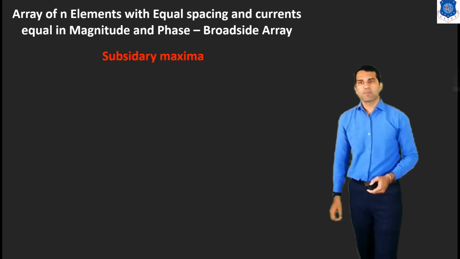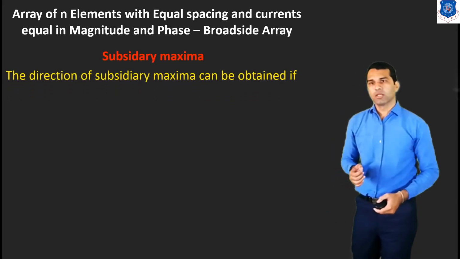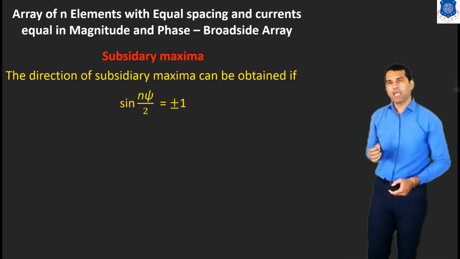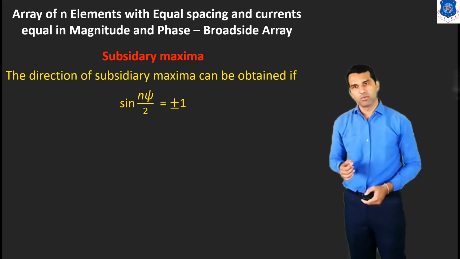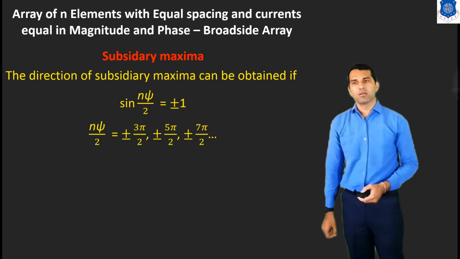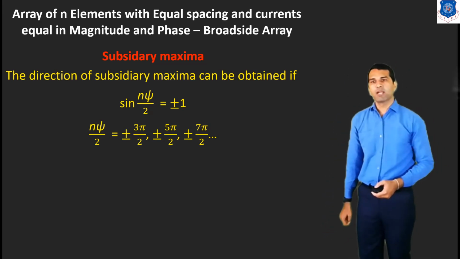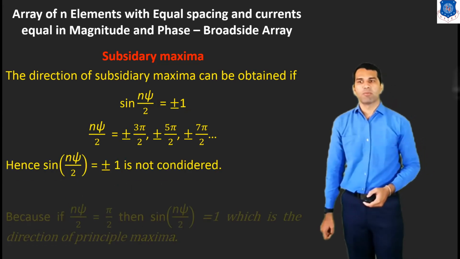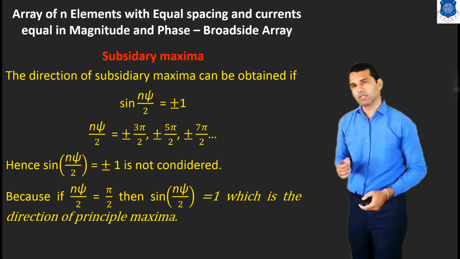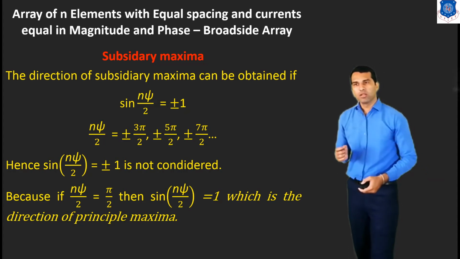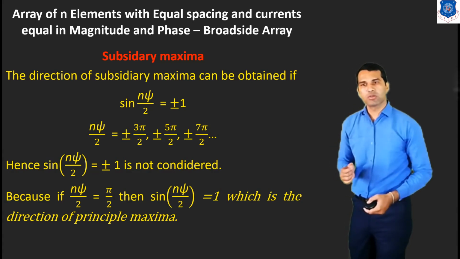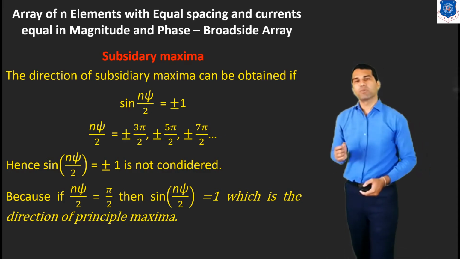Now, subsidiary maxima. The direction of subsidiary maxima can be obtained if sin(nψ/2) equals ±1. So sin inverse of ±1 gives the values 3π/2, 5π/2 and 7π/2. The value sin(nψ/2) equals ±1 at nψ/2 = π/2 is not considered, because then sin(nψ/2) equals 1, which is the direction of the principal maximum.